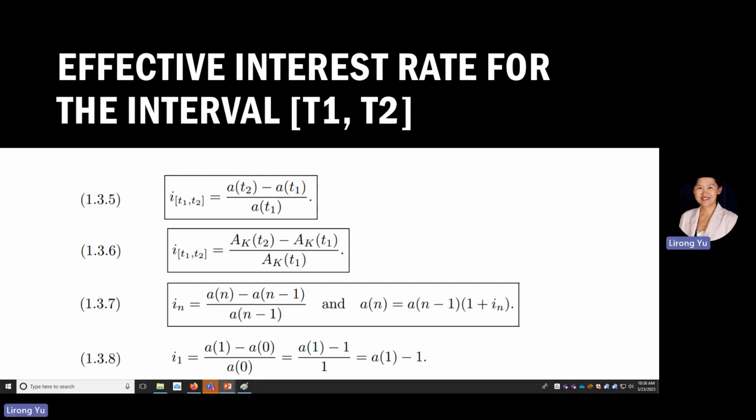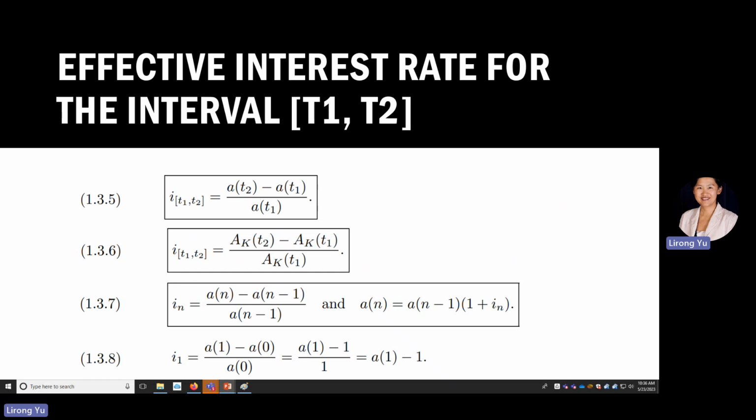All right, so from here, we're going to introduce some concepts that sound different, and the notation is specific to this book. I hope it still makes sense. Start with the first definition: the effective interest rate for a particular time interval. Let's say the time is from t1 to t2.